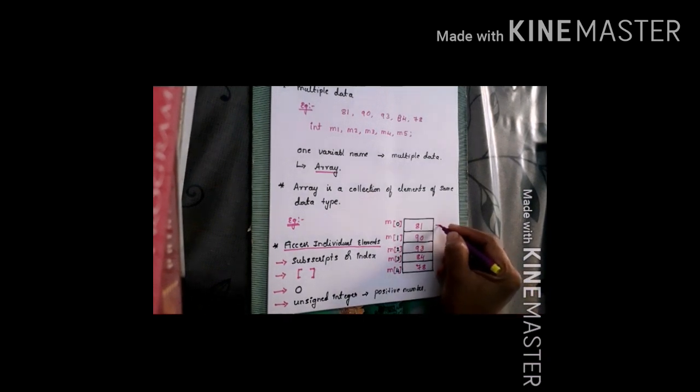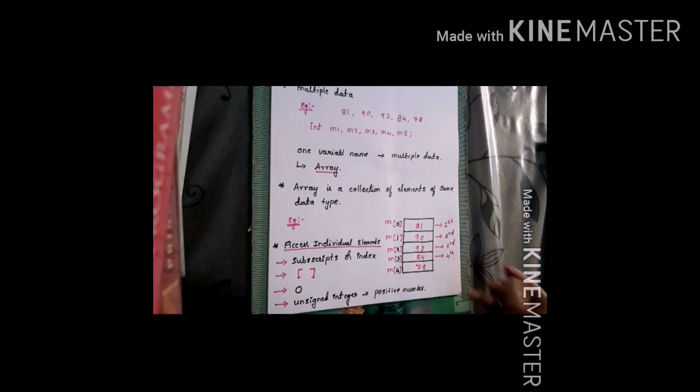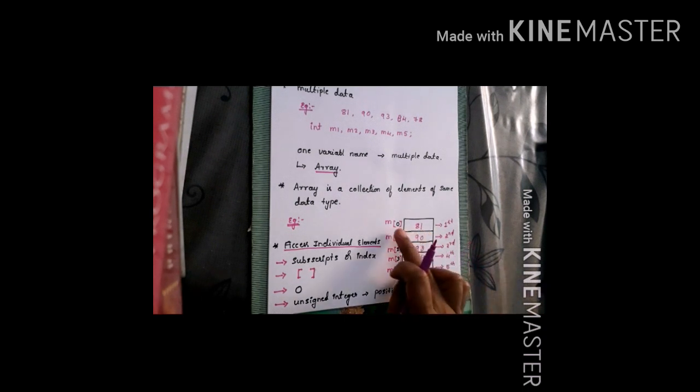See, this is the first element of the array and 90 is the second element of the array. 93 is the third element of the array. 84 is the fourth element of the array. And 78 is the fifth element of the array. But the subscript or index of the first element is 0.